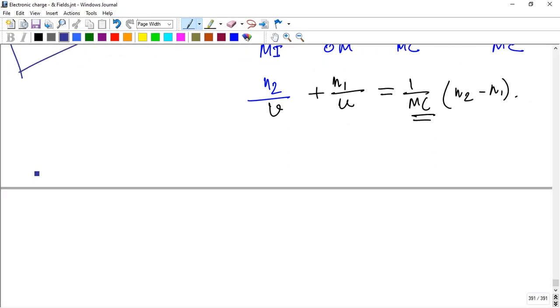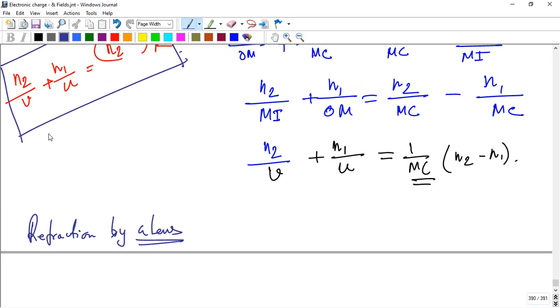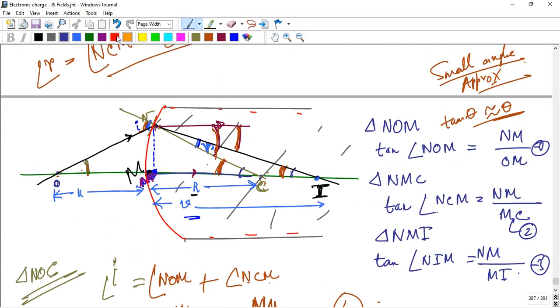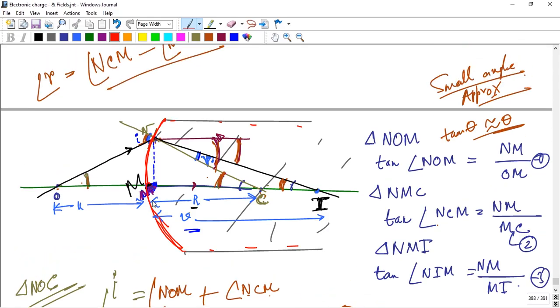Previously we chose mainly one surface of the lens.